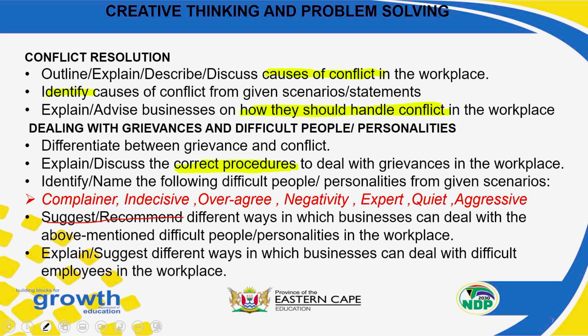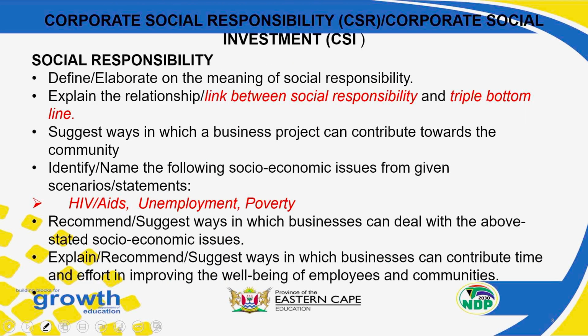With the last part, you are suggesting ways to deal with difficult employees. A difficult employee can be a negative person, meaning that you are just generalizing on a difficult employee. Then with this one, you are concentrating on each: how to deal with the over-agree, the negative, the expert. I hope you understand that one.